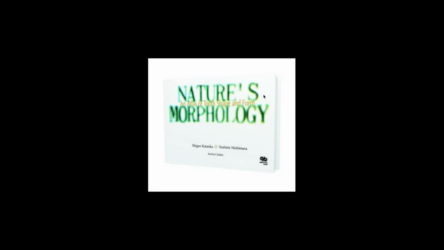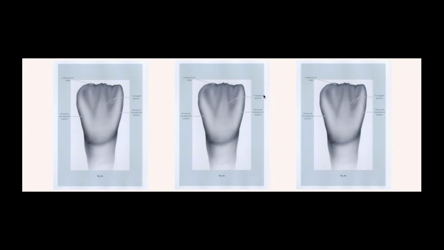I learned that from this book, by Mr. Shigeru Kataoka and Yoshimi Nishimura. I like this book, and I want to present it to you because it means a lot to me. I'm going to show you just a few slides from this book, which is very important for me as a morphology book.